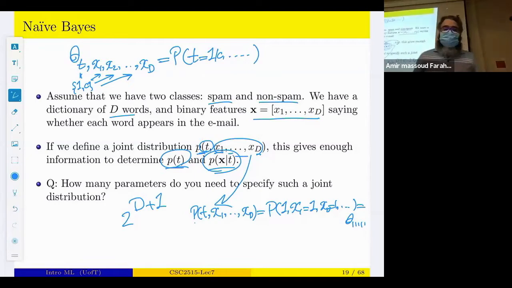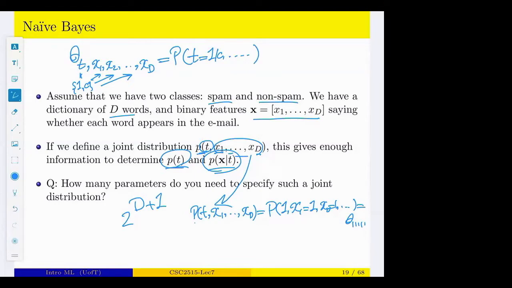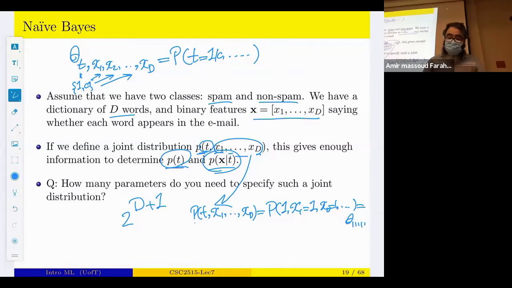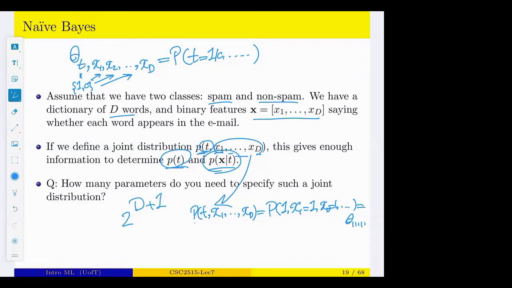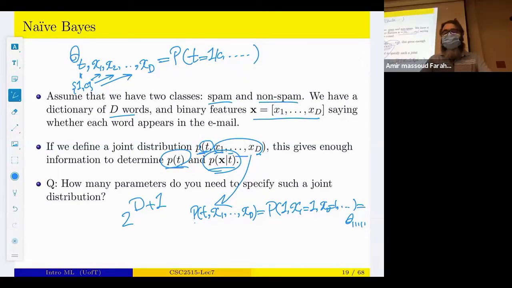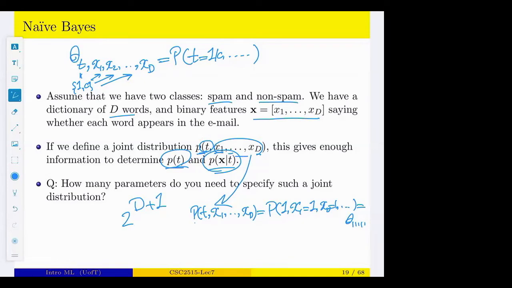But theta will be one number, right? Because it's one probability. Yes, this would be one number, and then the x's can take 2 to the power of d different values. And t can also take 2 values. So in total, you have 2 to the power of d plus 1 different probabilities. Okay, thank you.